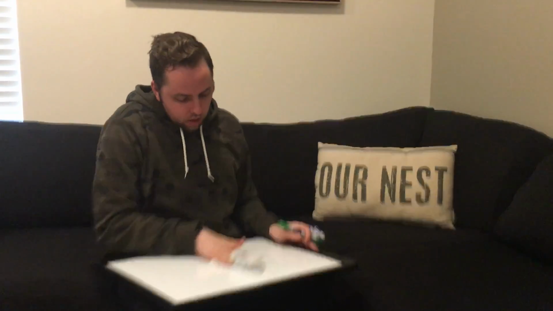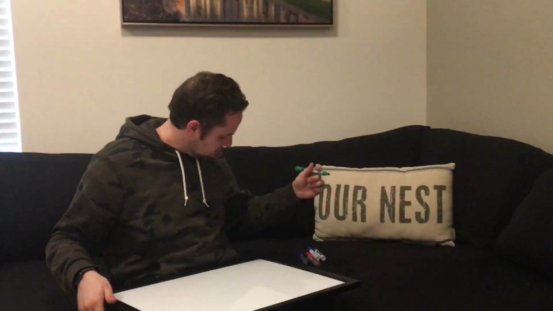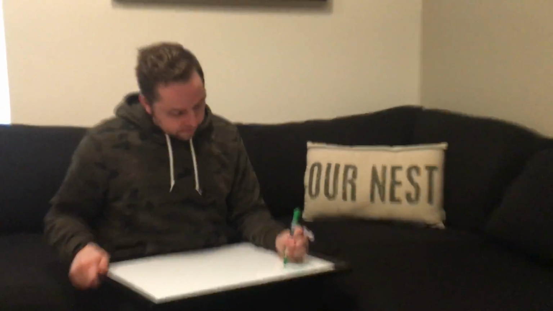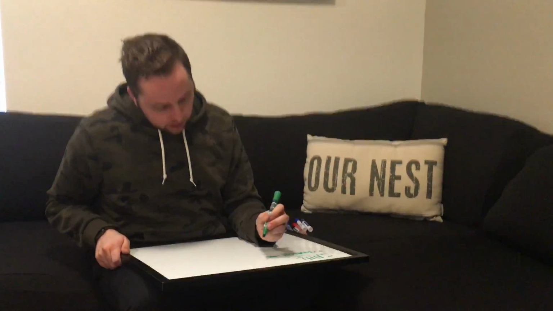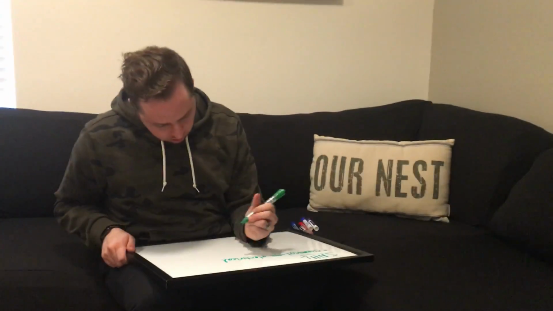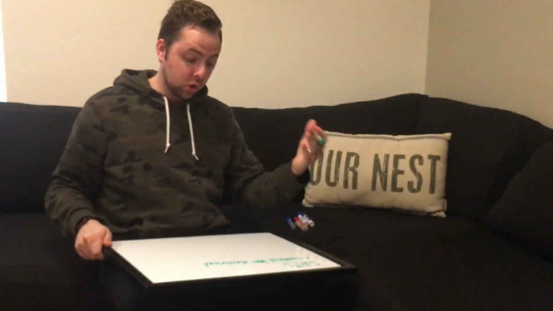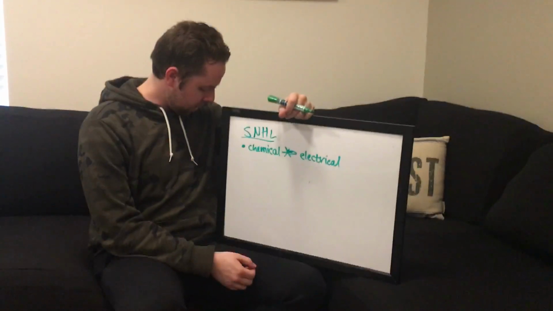Now, with that, I'd like to talk about a few things with the sensory neural hearing loss. So I'm just going to call it SNHL. With that, you get a deficit, pretty much, of the transfer of chemical to electrical, the chemical to electrical signaling.